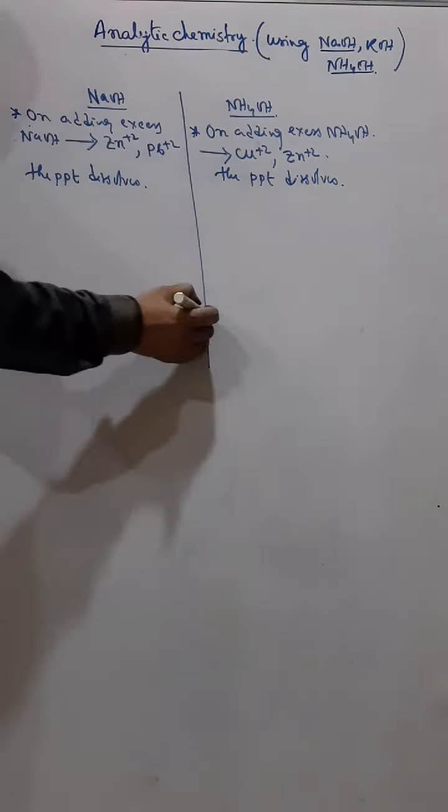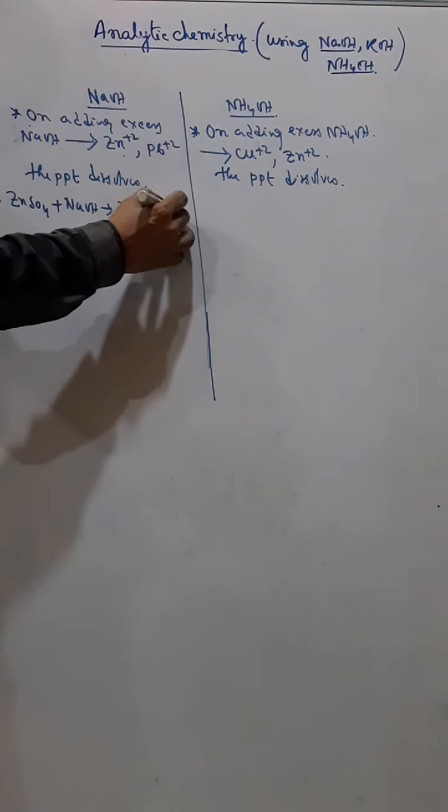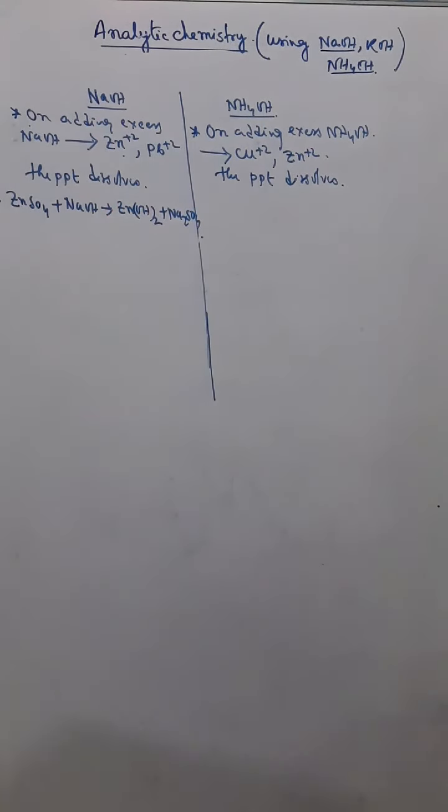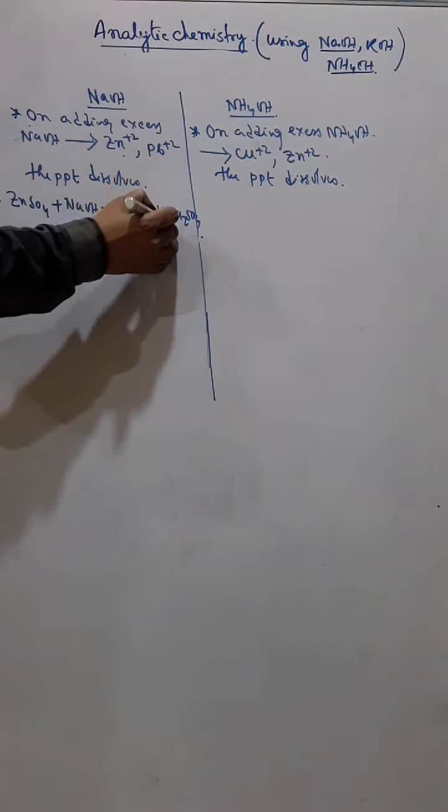Okay, so let's do the revision again. If you remember, zinc: now suppose I take zinc sulfate and NaOH, what will you get? Zn(OH)2 plus Na2SO4, and so we get this as a white PPT, gelatinous white.